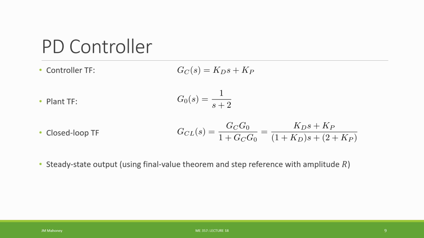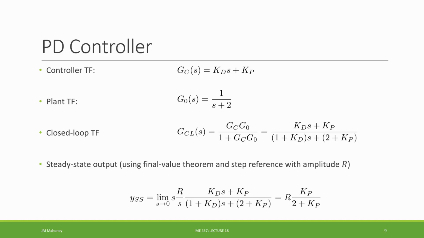So same idea as the previous P controller test. I want to know what happens to my steady state value, Yss, or y(t) as t goes to infinity. So again, I'm going to use the final value theorem here, so I can see what happens to s times Y(s) as s goes to 0.